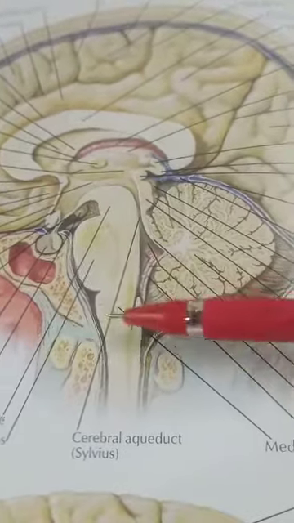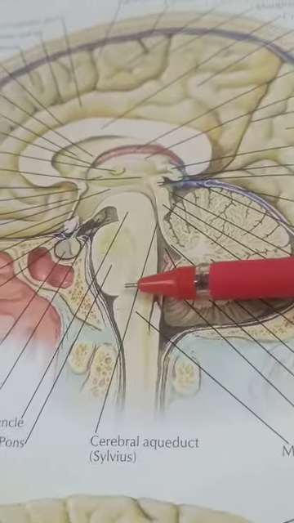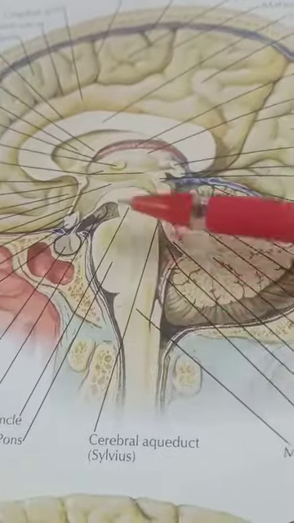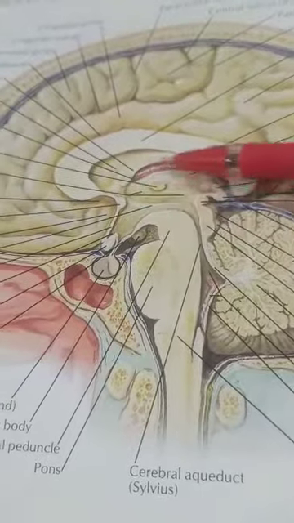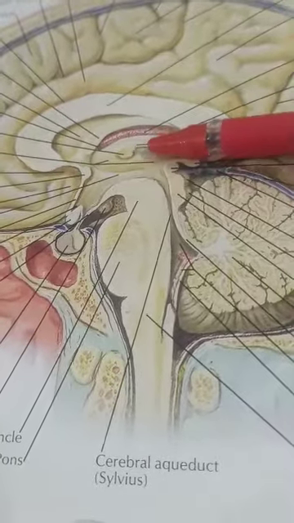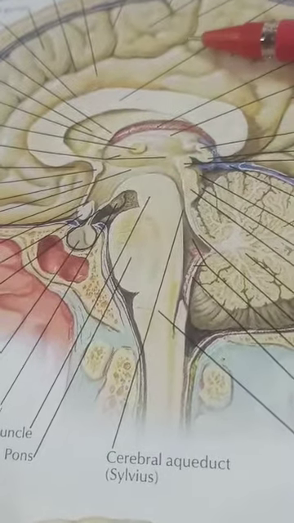So these are the main parts of this brain. Cerebrum, cerebellum, brainstem. Brainstem is formed by midbrain, pons, medulla. Then within the medial surface of the cerebrum we can see the thalamus and hypothalamus. Then the corpus callosum can be seen, which connects the two cerebral hemispheres.